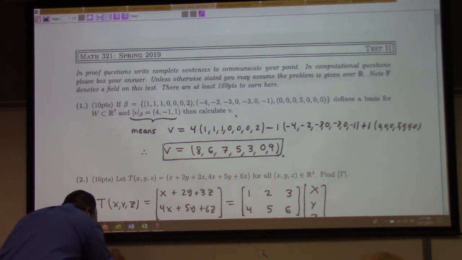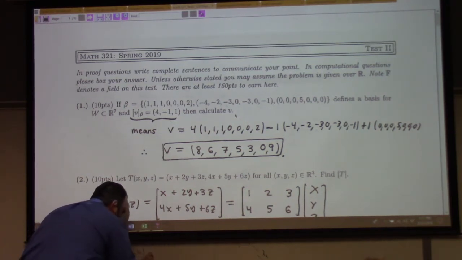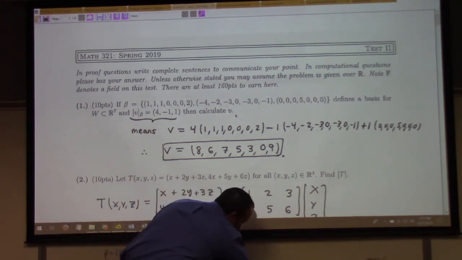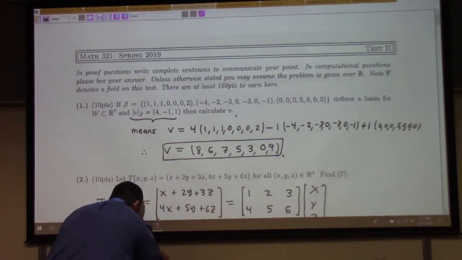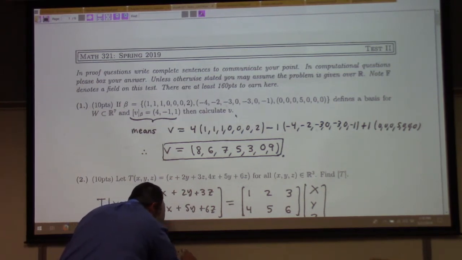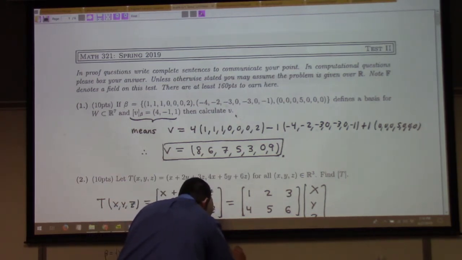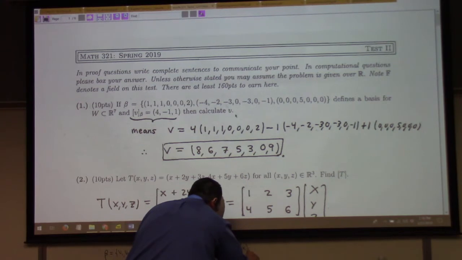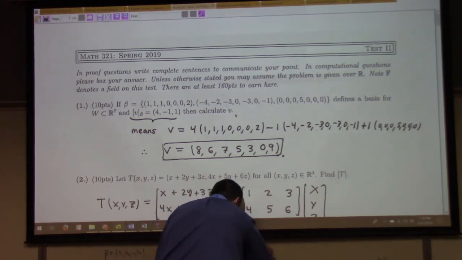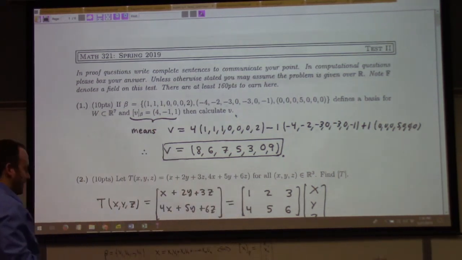Given beta is v1, v2, through vn, then x equals x1 v1 plus x2 v2 plus through xn vn if and only if the coordinate vector of x with respect to the beta basis is equal to x1, x2, through xn. I guess I used a v instead of an x here, but I hope you can see the pattern.